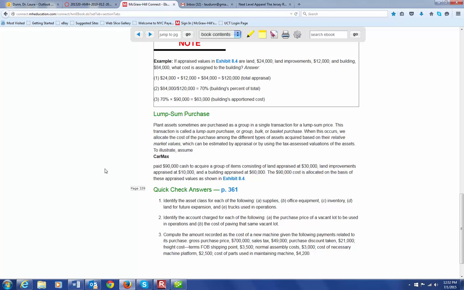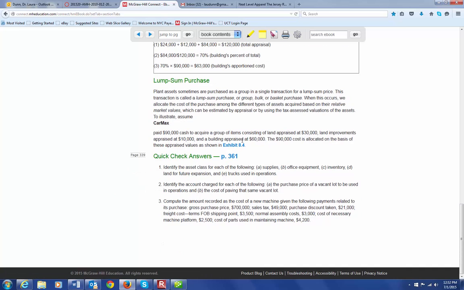If CarMax pays $90,000 to acquire a group of items that includes land improvements, and a building, the $90,000 cost is allocated on the basis of these appraised values as shown in the exhibit on the next page. So you would take that $90,000 and you would have to allocate it.